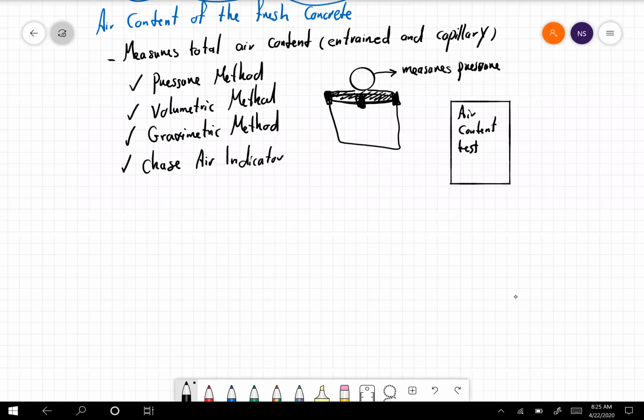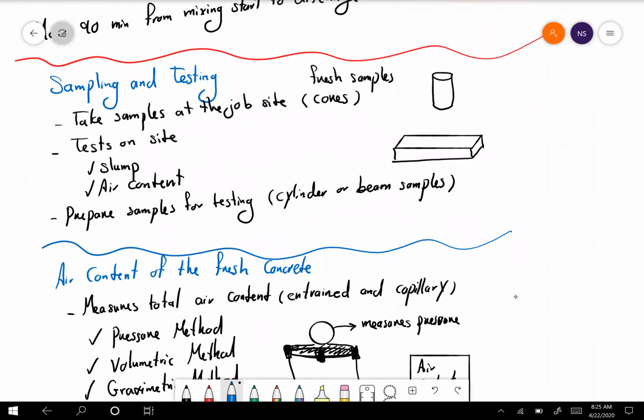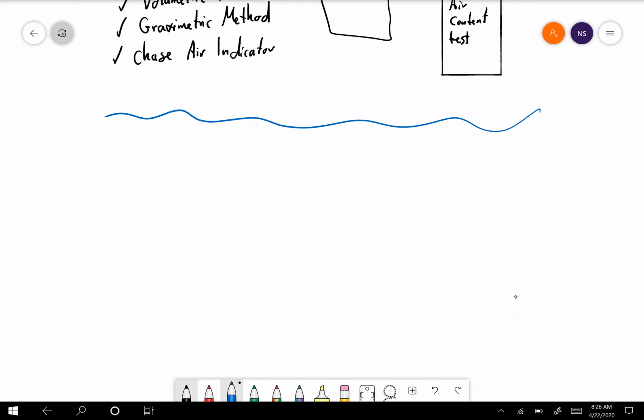And then once you take the fresh samples, if you remember, most of the time we need a cylinder, right? And there's a standard dimension for cylinders.